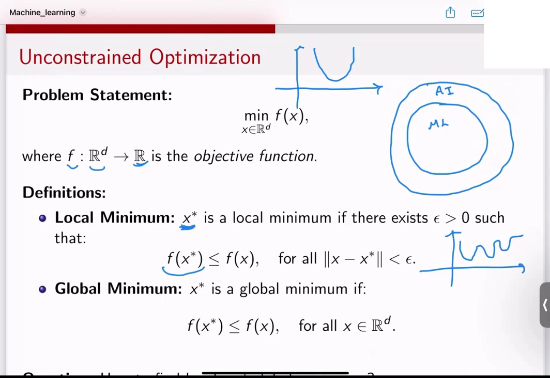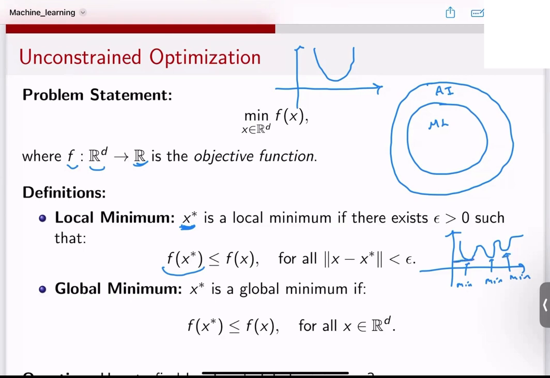For example, if we have something like this, then we see that this is a minimum, this is also a minimum, and this is also a minimum. But these are not global min. In this case, probably this is the global min. This is the one that is the smallest, right?